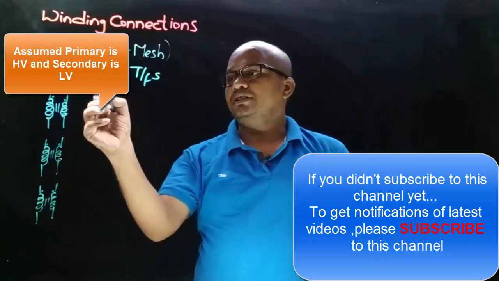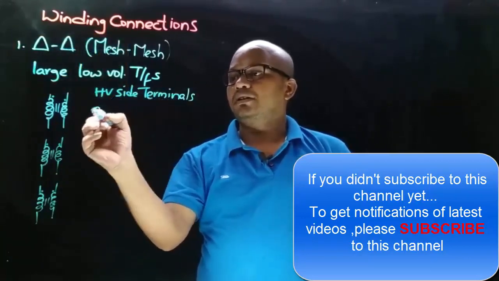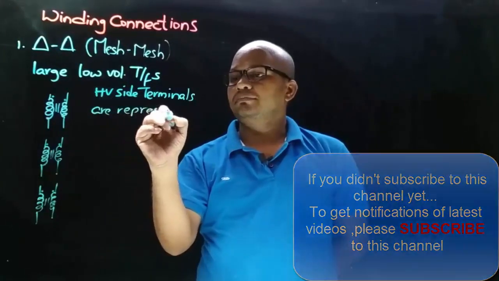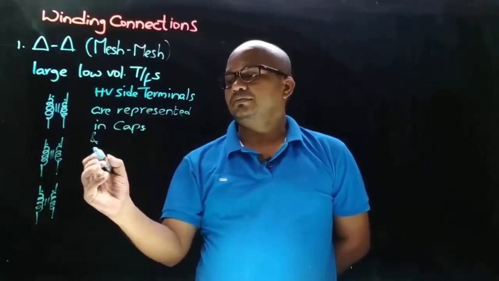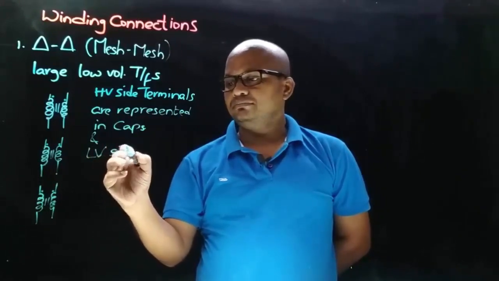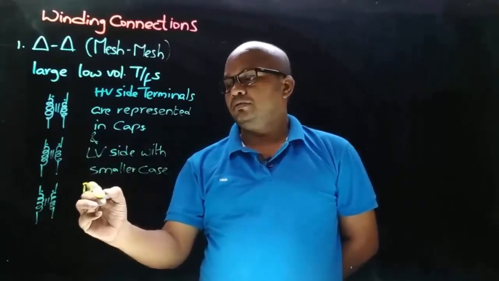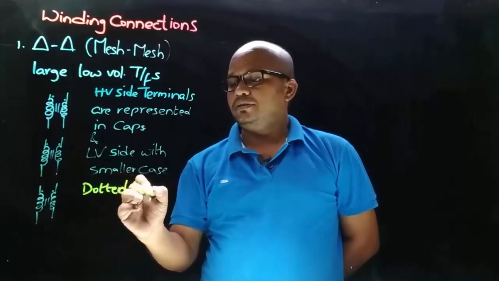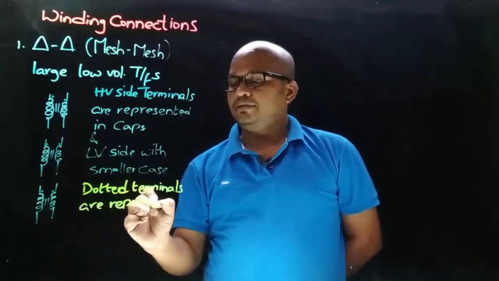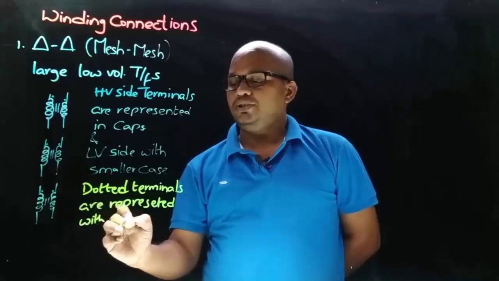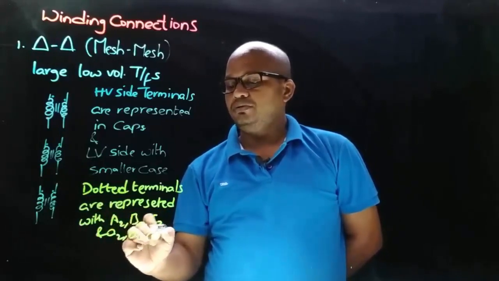And here the point to be discussed is that HV side terminals are represented in capital letters and LV side terminals with smaller case, and here dotted terminals are represented with A2, B2, C2 and small a2, small b2 and small c2.